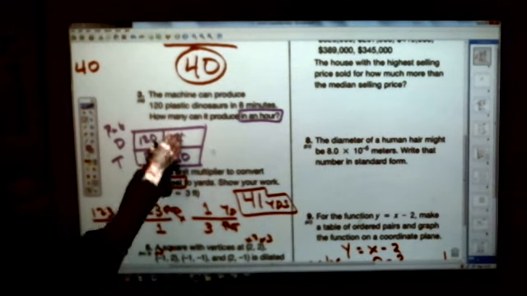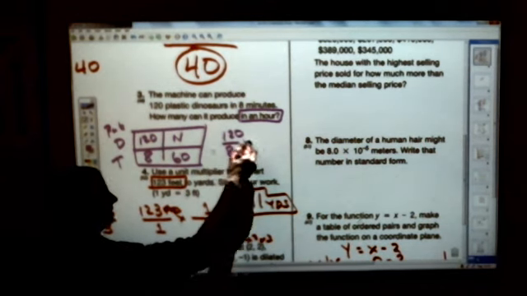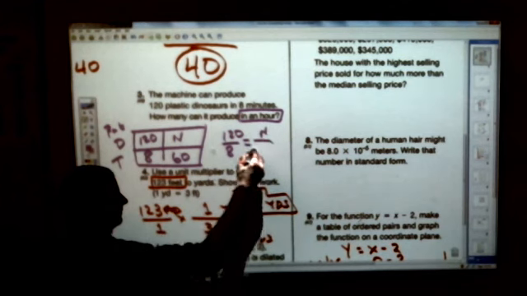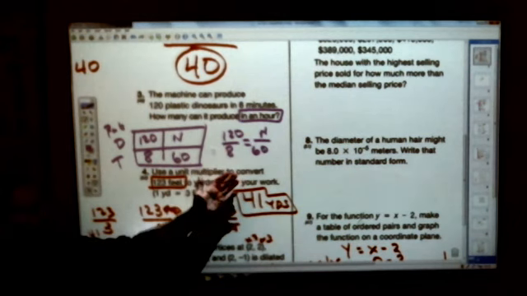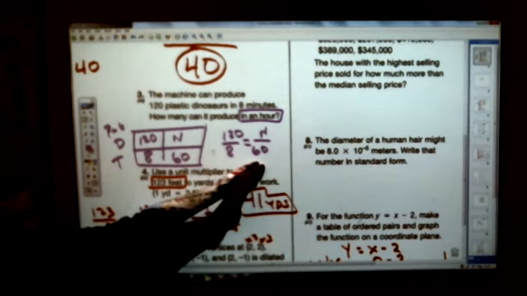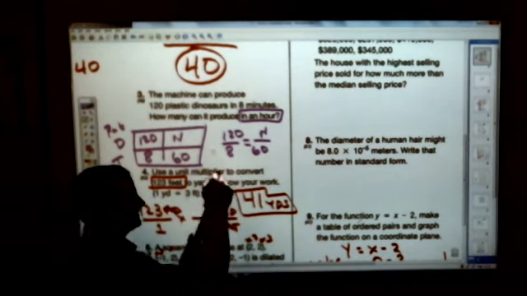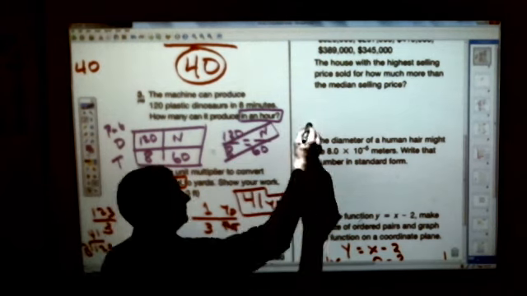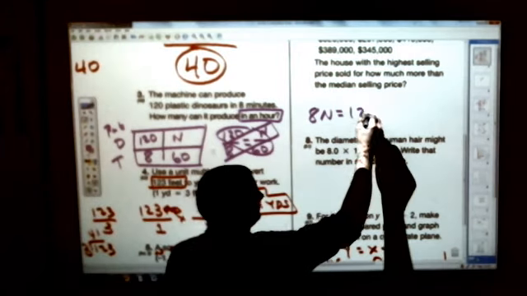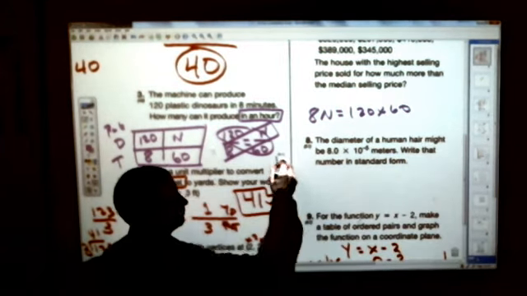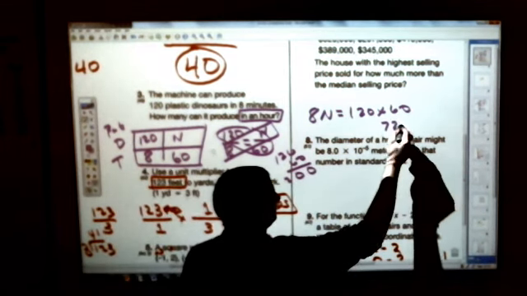So here is really your problem. 120 over 8 equals n over 60. Again, this falls into the same category as that last thing we did. You could either see if you can reduce this to something, because 8 times nothing really is 60, or you could just do the cross product thing, which would look like this. 8 times n is 8n, and 120 times 60 is 7,200.